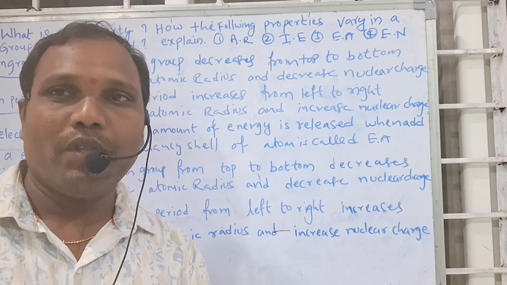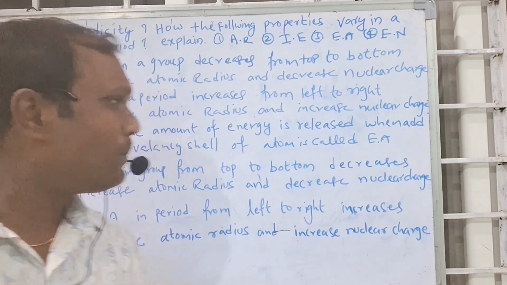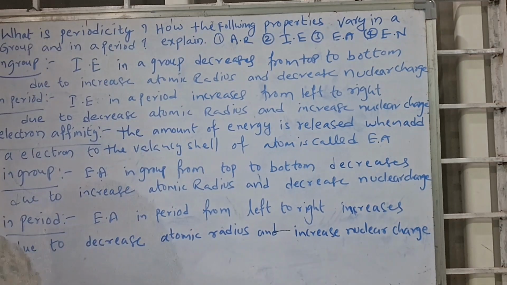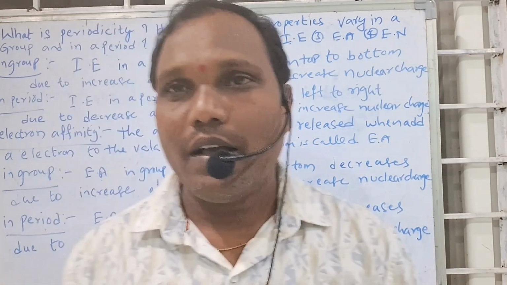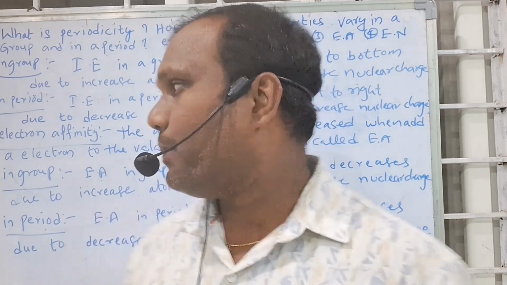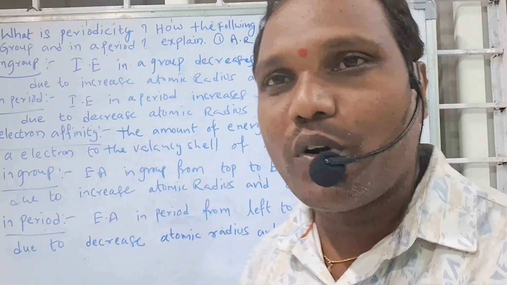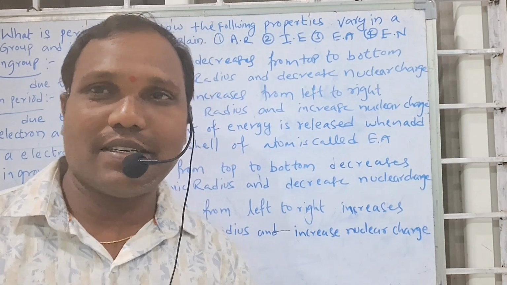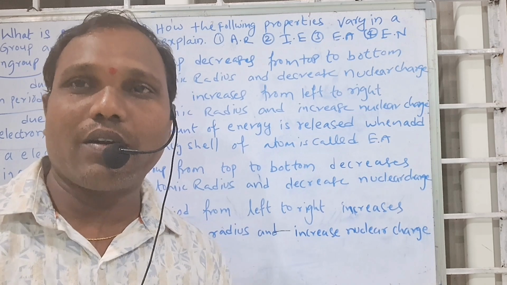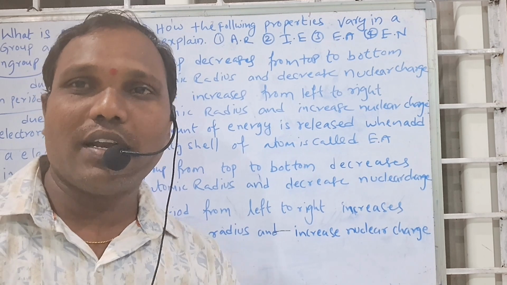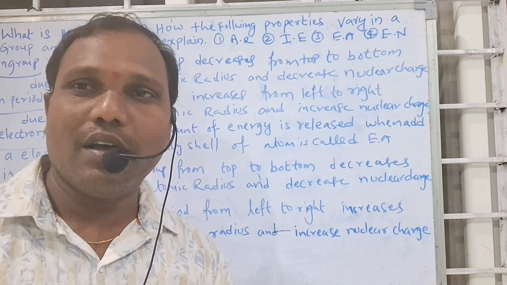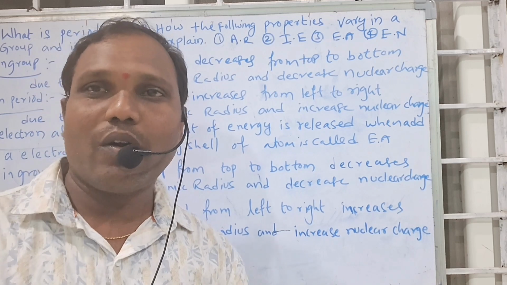Very simple. Now another property, electron affinity, or electron gain enthalpy. The amount of energy released when an electron is added to the outer shell of an atom is called electron affinity, or electron gain enthalpy.